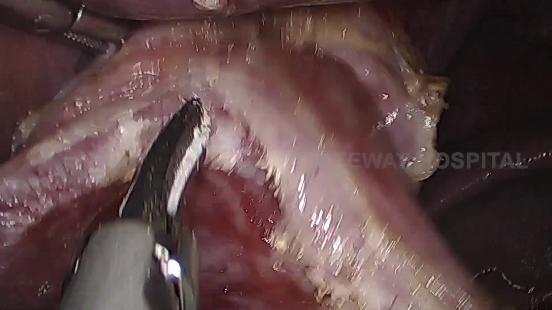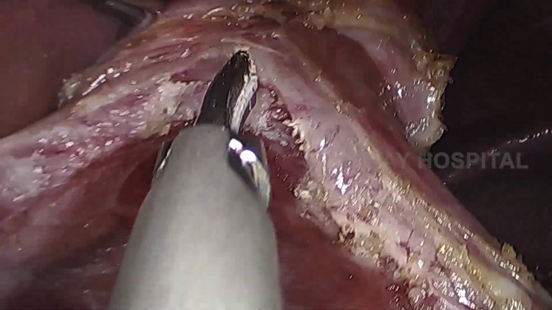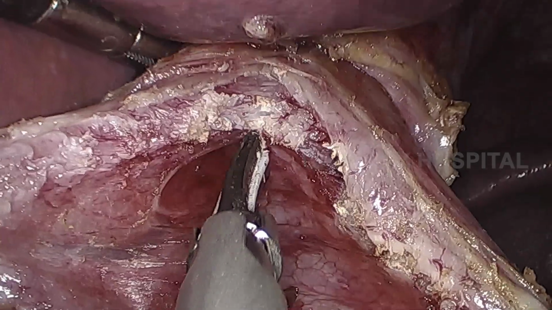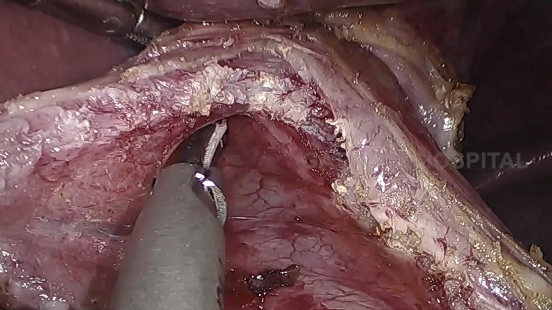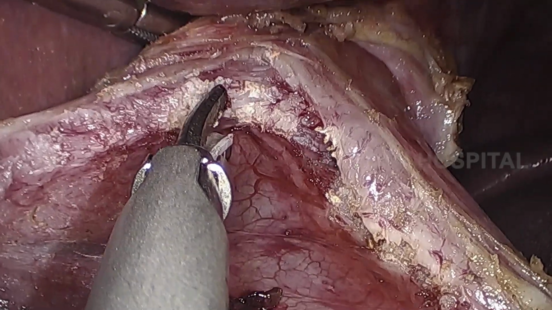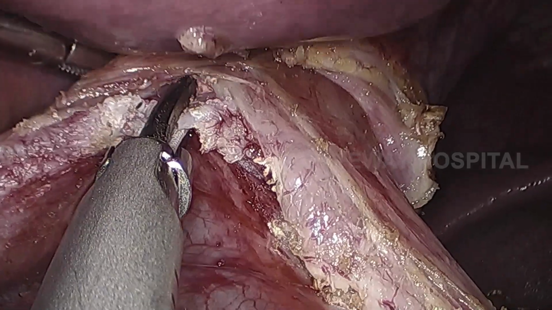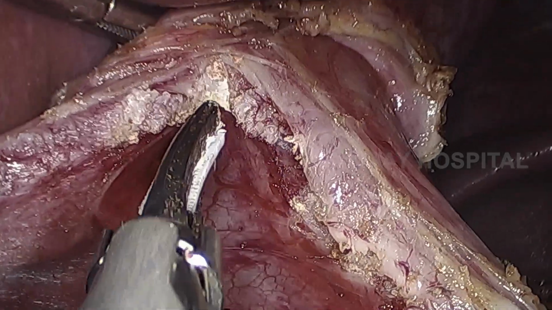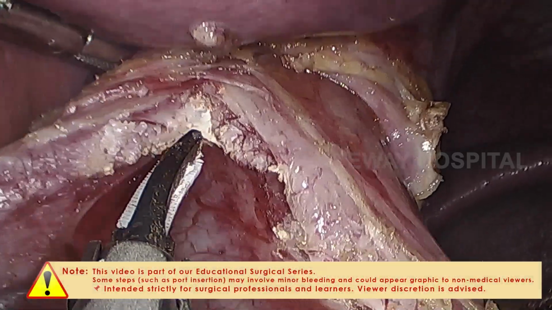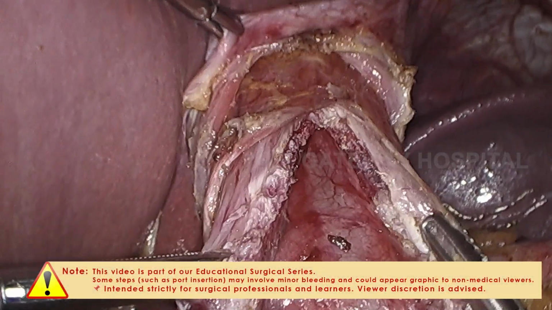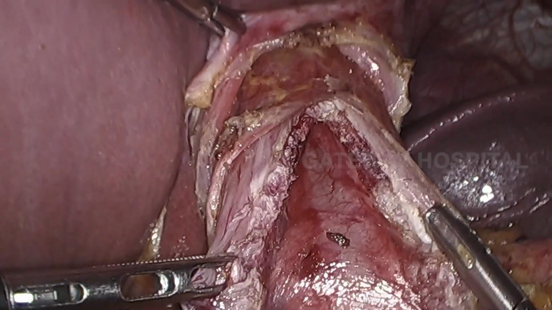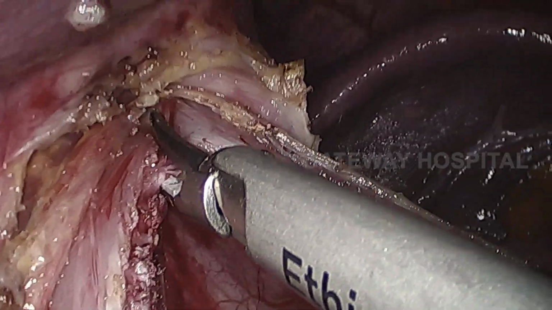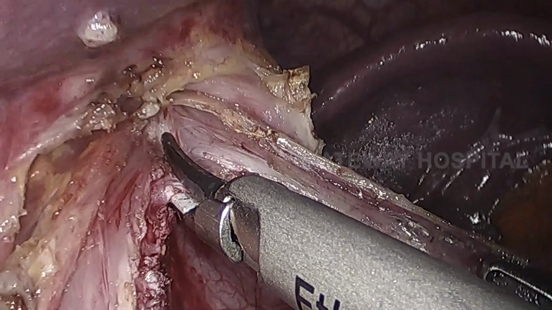If you want to extend the myotomy some more cranially into the dilated esophagus, what you can do is you can use one instrument on the right cut end of the muscle fiber and the second instrument on the left cut end of the muscle fiber like this, and you can pull it downward so that you can get another 2-3 centimeters coming into the abdominal side, and you can extend the myotomy cranially.